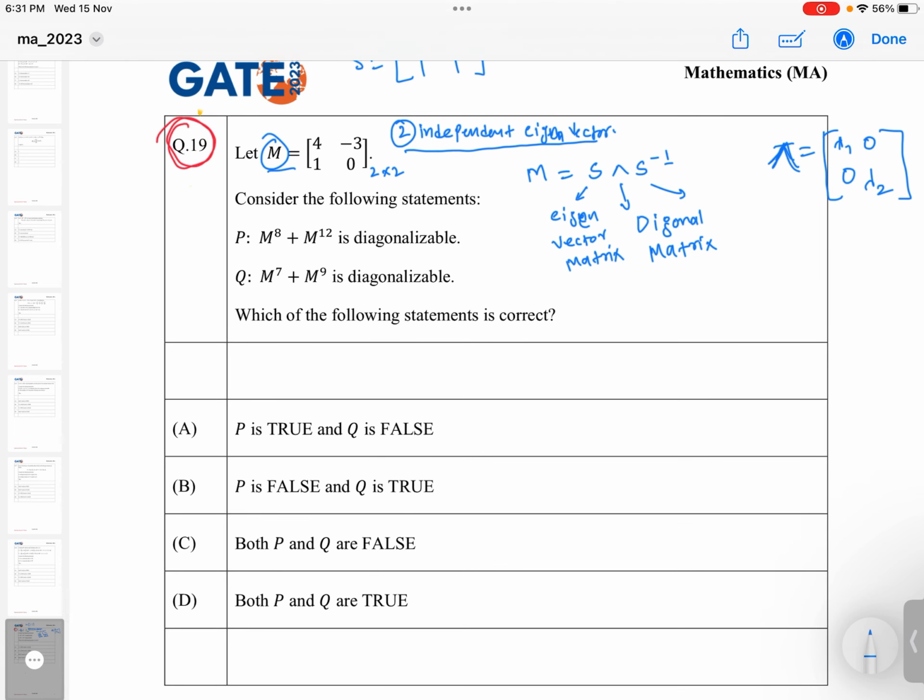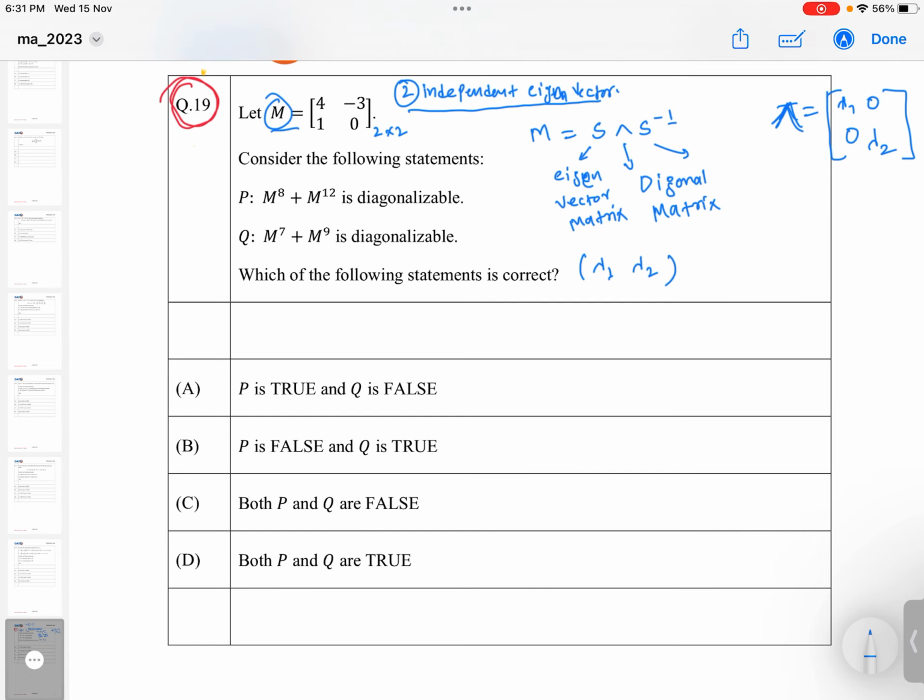First of all you have to find the eigenvalues, lambda 1 and lambda 2. How can you find these eigenvalues? It is simple: you write 4 minus lambda, minus 3, and 1, 0 minus lambda. Now you take the determinant of this, and it should be 0.